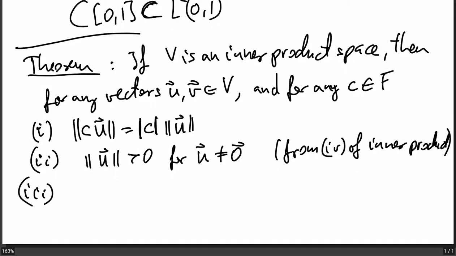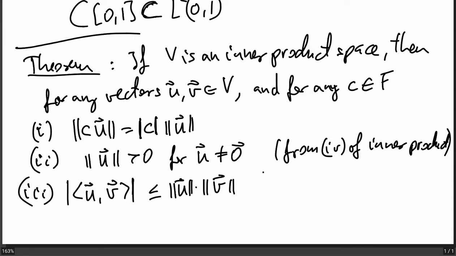Third property is that if you have the scalar product of two vectors, so this could be, for example, a complex number, but then if you take the magnitude of that or absolute value, this becomes a non-negative number. So the absolute value of the scalar product of two vectors is less than or equal to the norms of these vectors multiplied together. This is also called the Cauchy-Schwarz inequality.